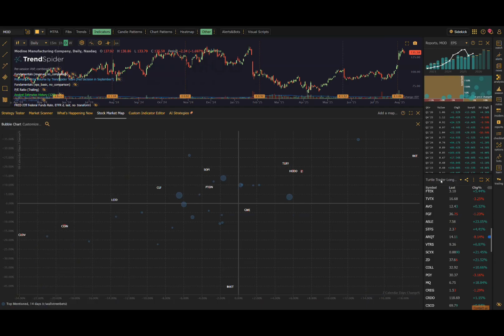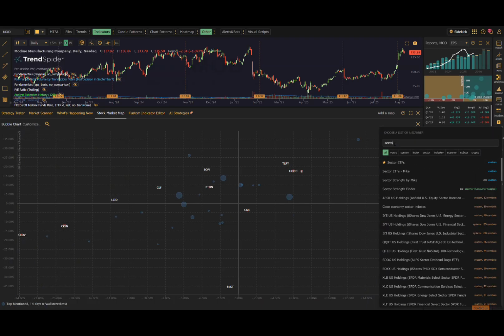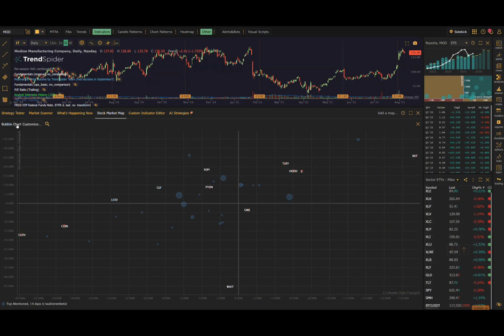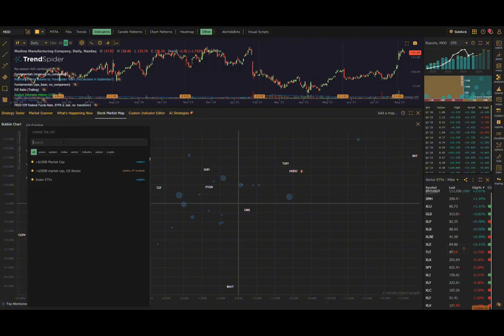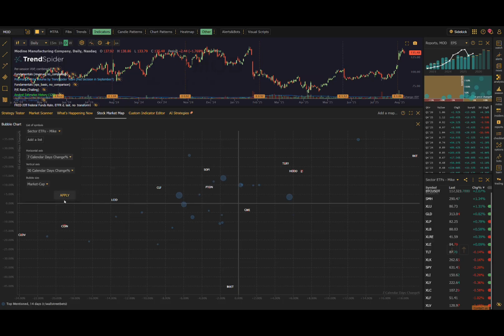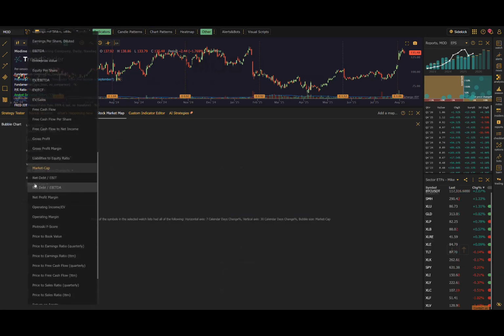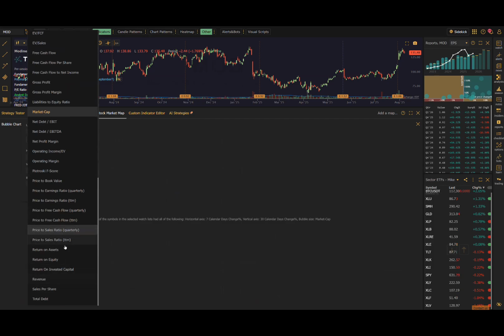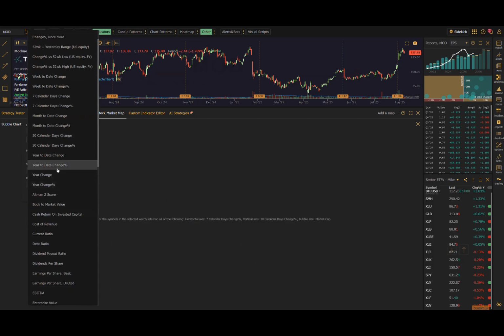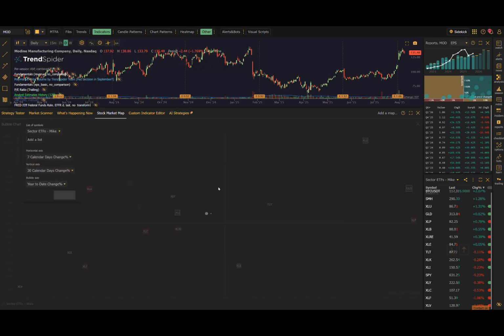If I pull up my sector ETF list, it basically has all the different sectors that I like to track. And so I'm going to use this in the bubble map. And then I'll just click apply there for now. Market cap is not going to work because these are ETFs. So we're going to do, I don't know, let's do year to date change percent.